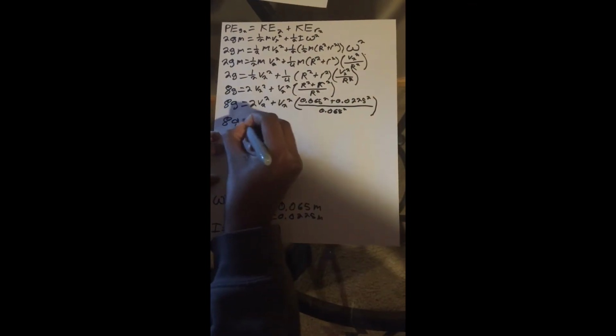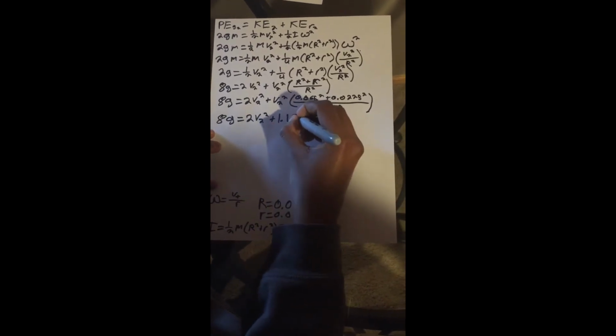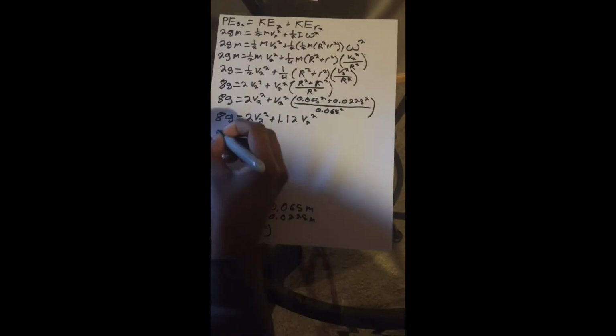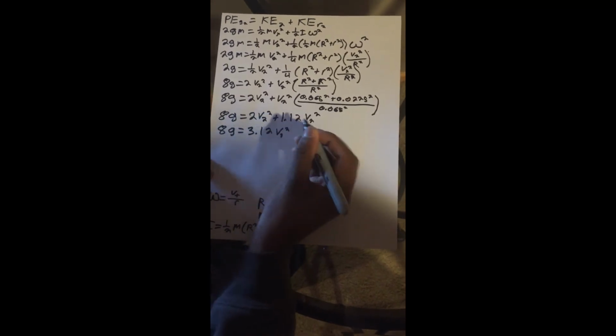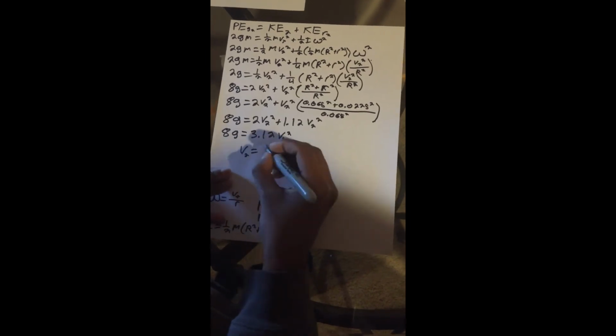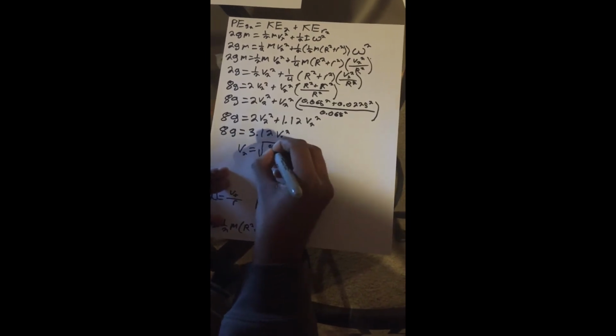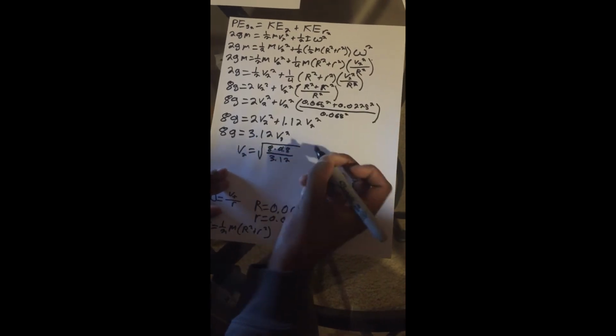This becomes 8g equals 2 v2 squared plus 1.12 v2 squared, so 8g equals 3.12 v2 squared. With a bit more simplification, we get v2 equals the square root of 8 times 9.8 over 3.12.